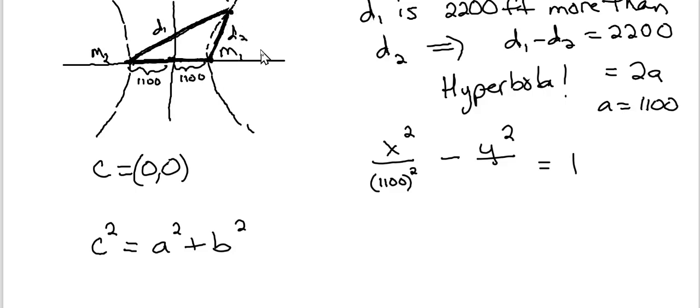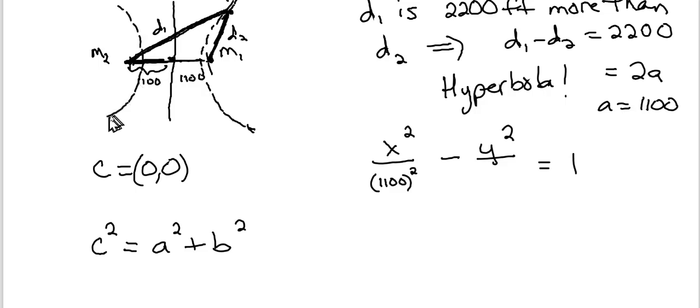My hyperbola is not going to go through the microphones. Those are the foci. That's where those fixed points are, right? Sorry about that. The fixed points in our definition of the hyperbola, where the difference between them, those are at the foci. So let me erase this. This picture's not quite right here. This is 1,100 and this is 1,100.